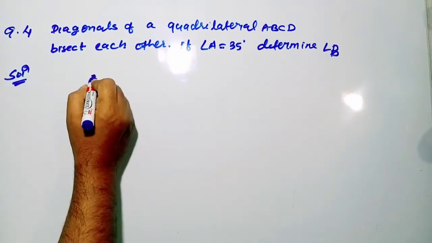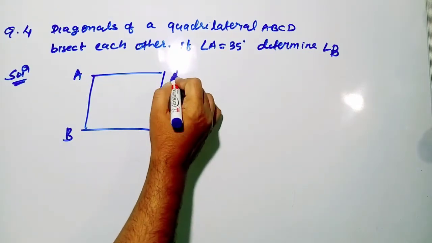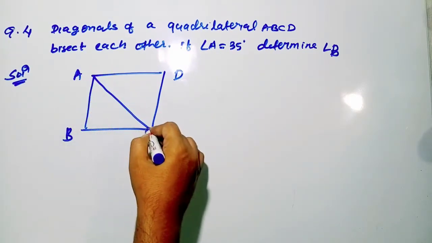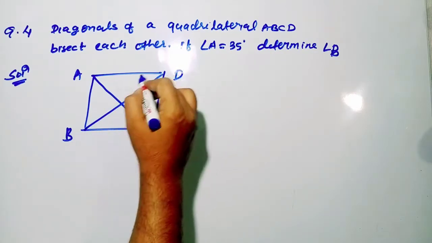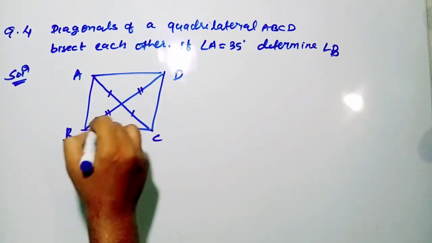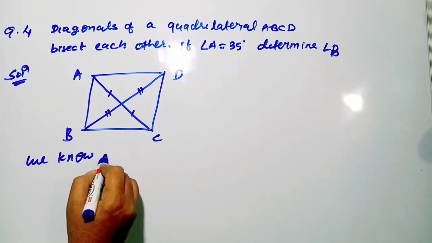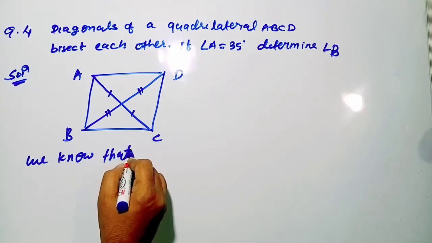Okay students, so first of all, drawing the quadrilateral over here, quadrilateral ABCD, right? AC is a diagonal and another diagonal BD. These diagonals bisect each other, right? So here it has been given that angle A is 35.